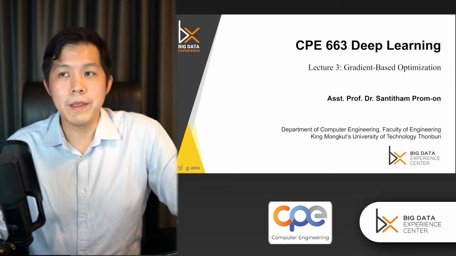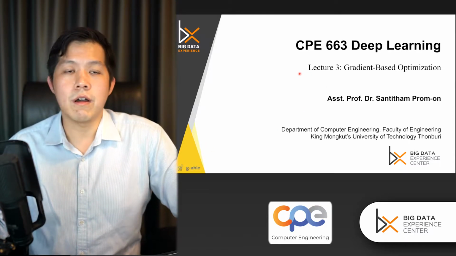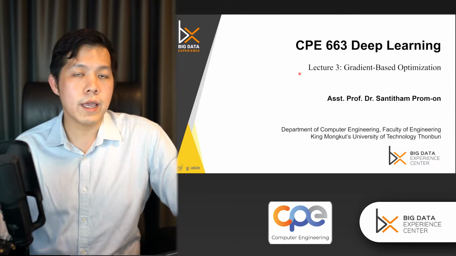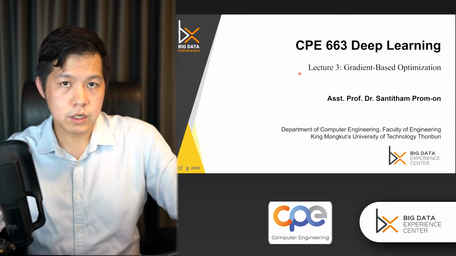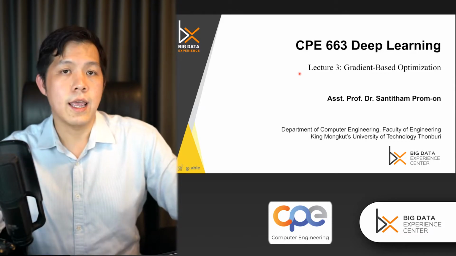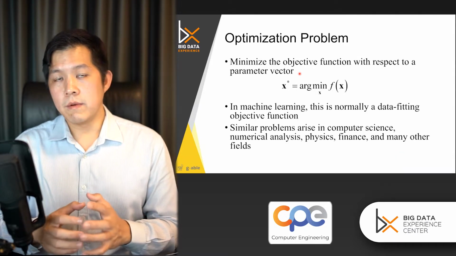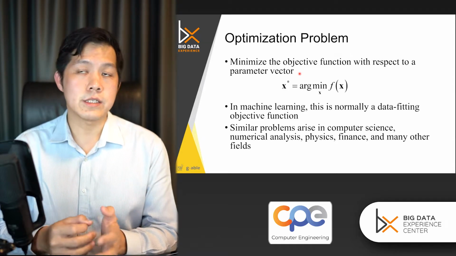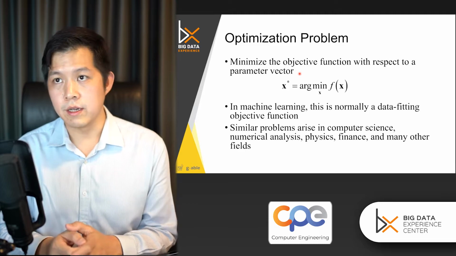Okay, so the topic is gradient-based optimization. We are going to take a look at how it works. Basically, what we will look at today is the technique called gradient descent and how it works in a mathematical sense and in a computational sense. There is a field in operational research called optimization.